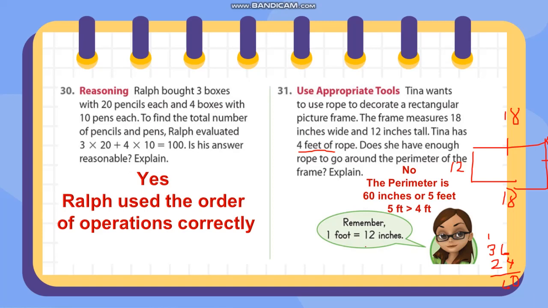And 12 inches is equivalent to 1 foot. So 60 divided by 12 is equivalent to 5 feet. So 5 feet is greater than 4 feet. That's why the 4 feet of rope that she has is not enough. So it is not enough to go around the perimeter of the frame.